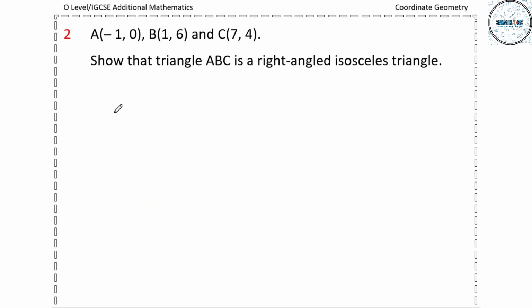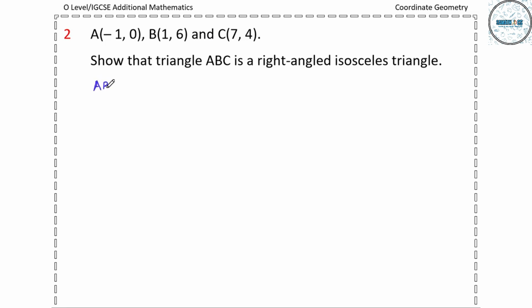Next question. Coordinates of A, B, and C are given, and we have to show that triangle ABC is a right-angled isosceles triangle. So first of all, we will take out the lengths of AB, BC, and AC.